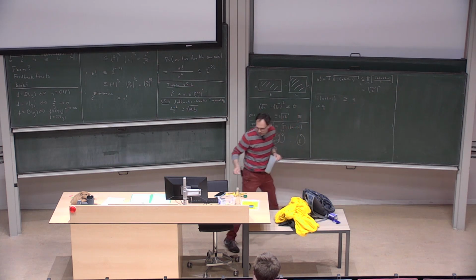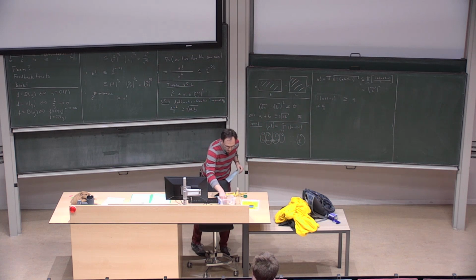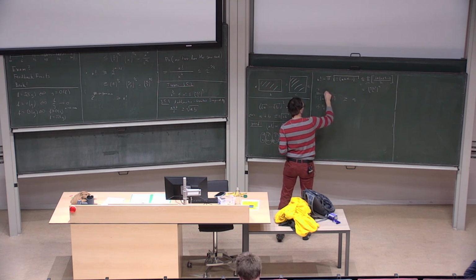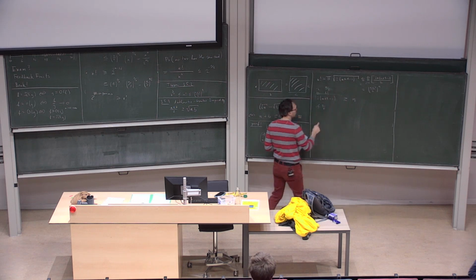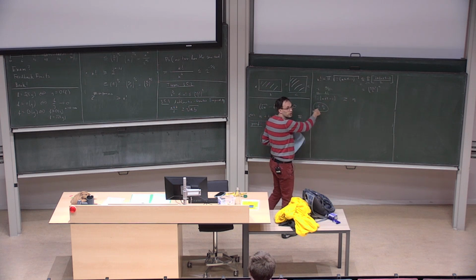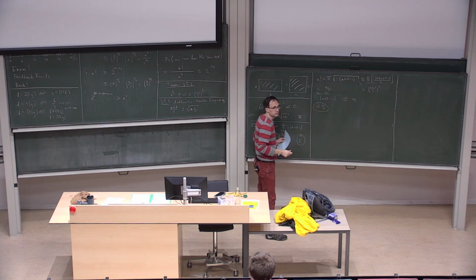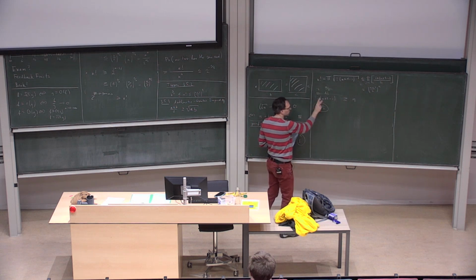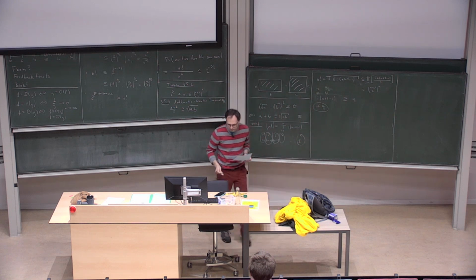So maybe I use a different color. Right, for this range. And otherwise, they swap roles. Once i becomes larger than n over 2, these two swap roles.